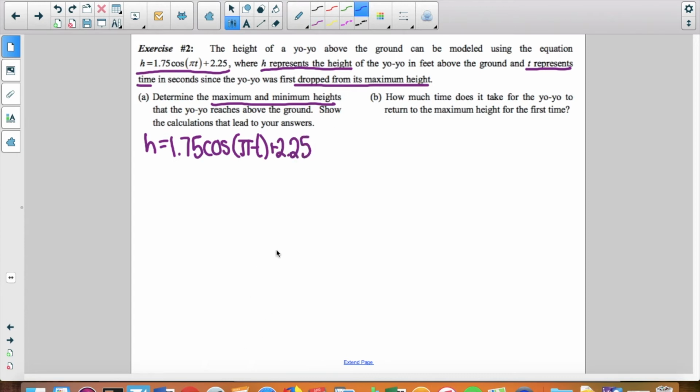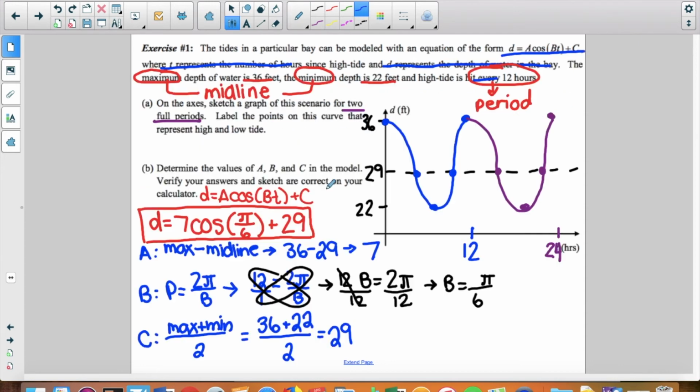So the maximum height can be found by taking your midline, because you have to start at your midline, and adding the amplitude. So I'm going to go back for a second.